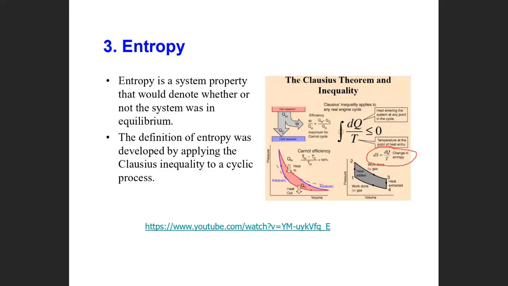The entropy will decrease or increase for a specific process depending on whether the system receives heat. Now we have a video to help us further understand what entropy is, and how entropy can be used to denote the thermal equilibrium and disorder of the system.